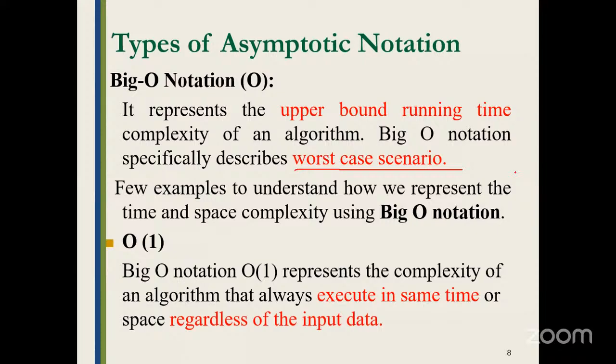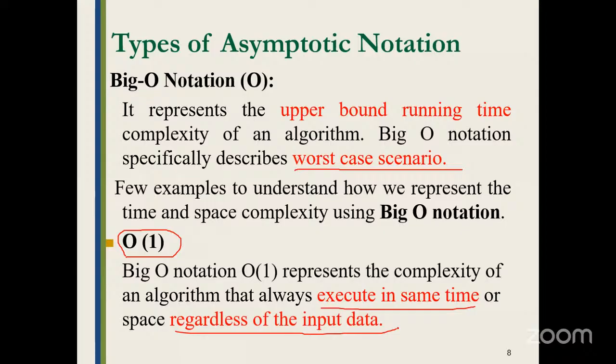Here are a few examples to understand how we represent time complexity and space complexity using big O notation. For example, order of 1. We can express big O notation like this: order of 1. Order of 1 represents the complexity of an algorithm that always executes in the same time or same space, regardless of the input data. It takes constant time and constant space.